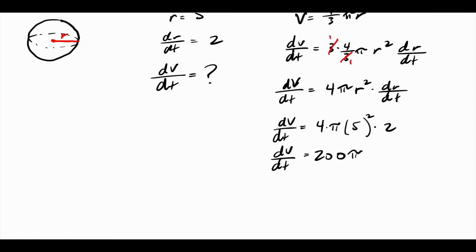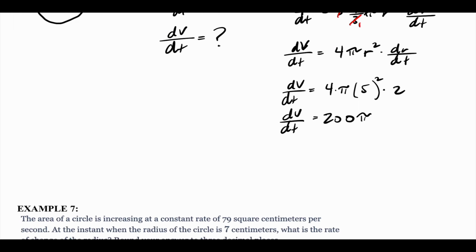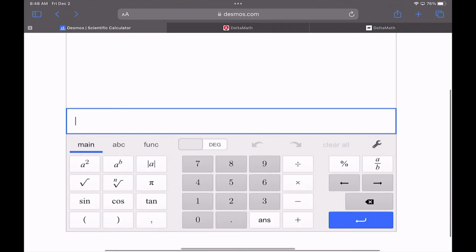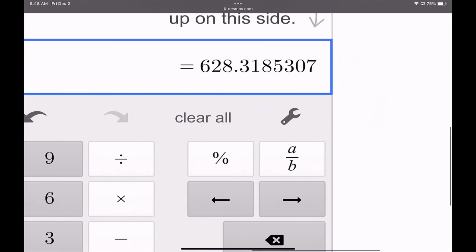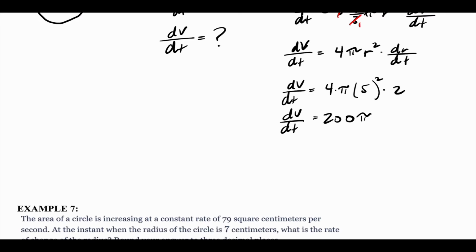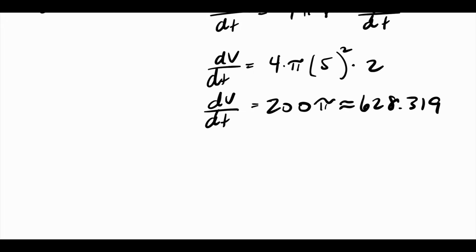Okay. So I'm just going to use a regular old calculator. 200 times pi. It said to round to 3 places: 628.319.